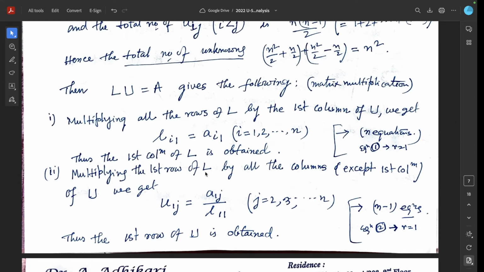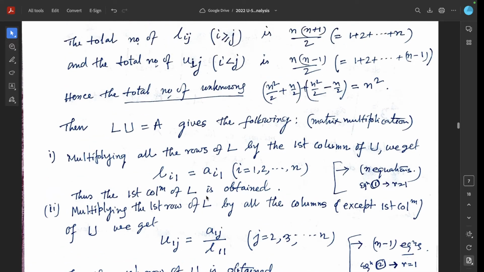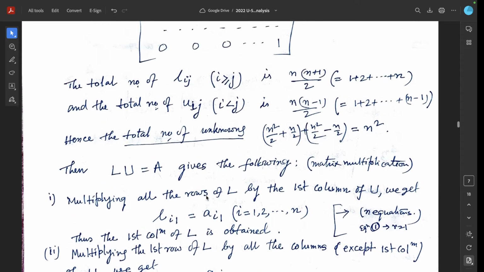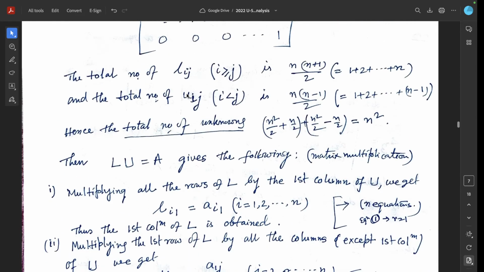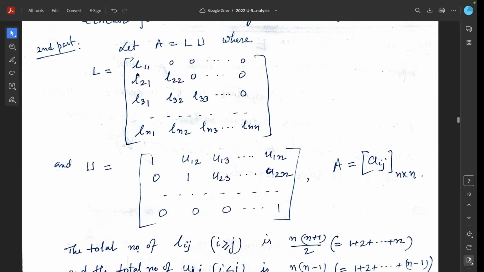Next, multiplying the first row of L by all the columns except the first column of U. So the first row of L, and this second column, multiplying the first row with the second column: L11 into U12 equals this into this.